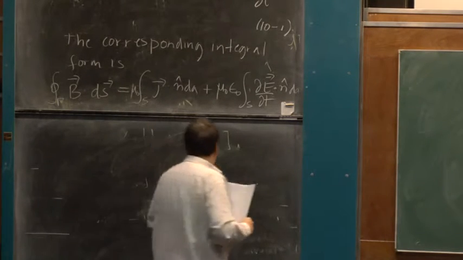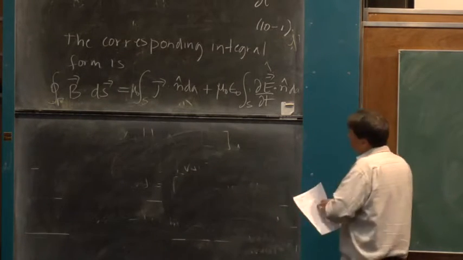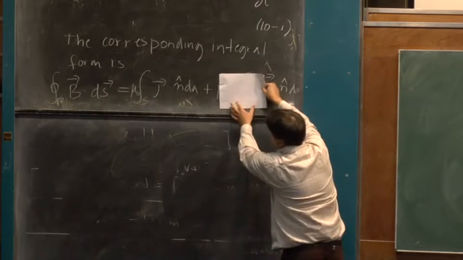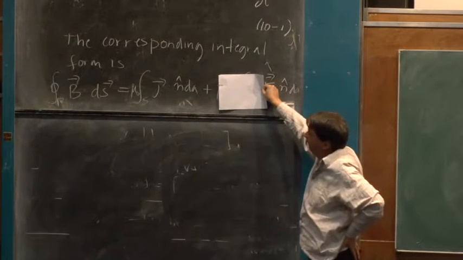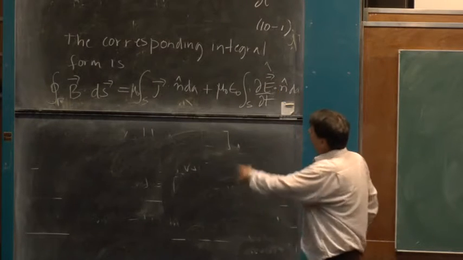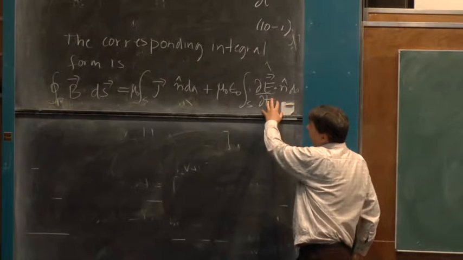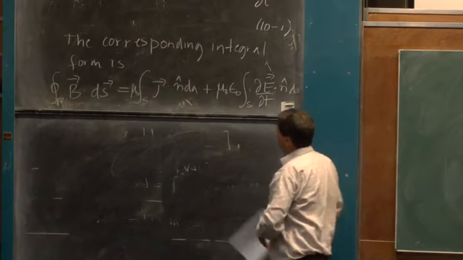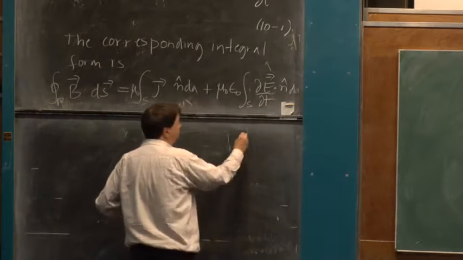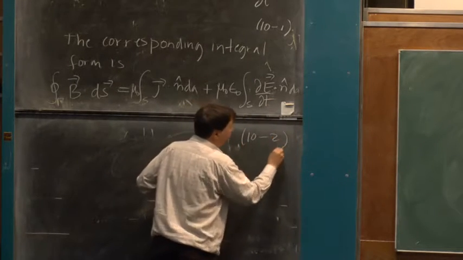So, of course, if we knock this term off, we've just got back to Ampere's law, and we've seen that this term is necessary for charge conservation. I'll make that equation 10.2. This is the corresponding integral form.